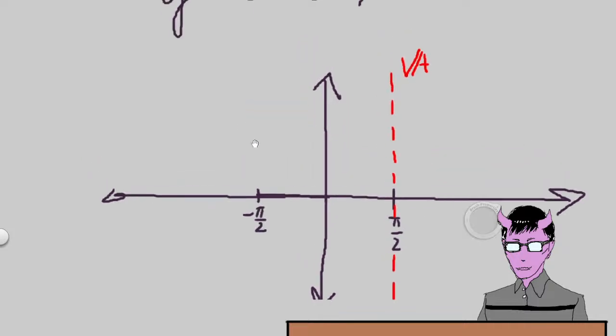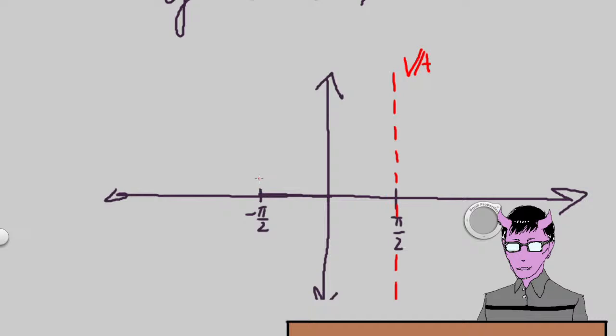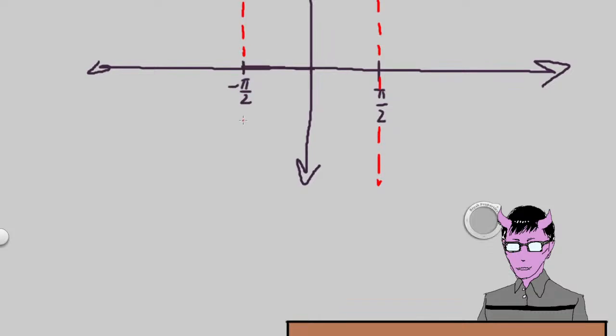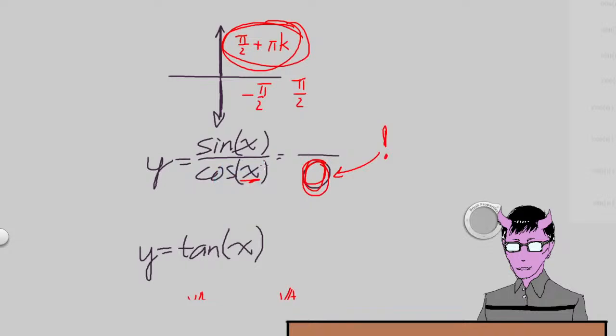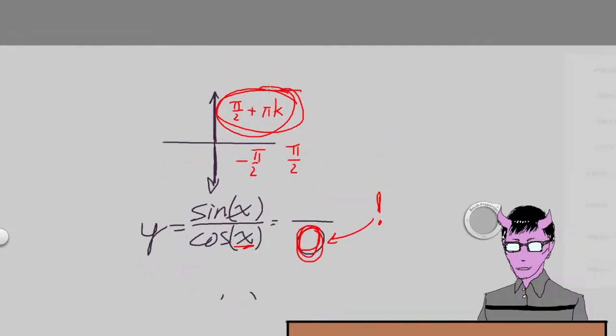And let's put another vertical asymptote right here. Again, we have infinite vertical asymptotes because there are infinite ways to make this bottom 0. How do we make the bottom into 0? According to this rule right there.